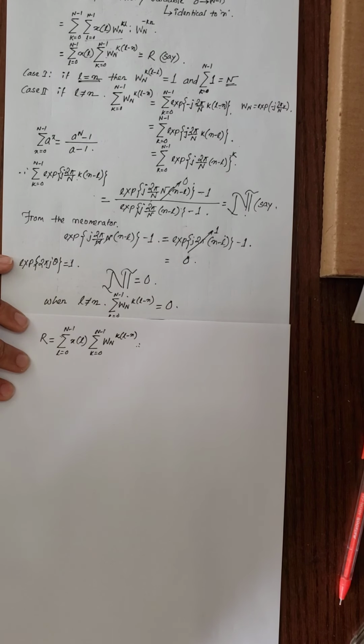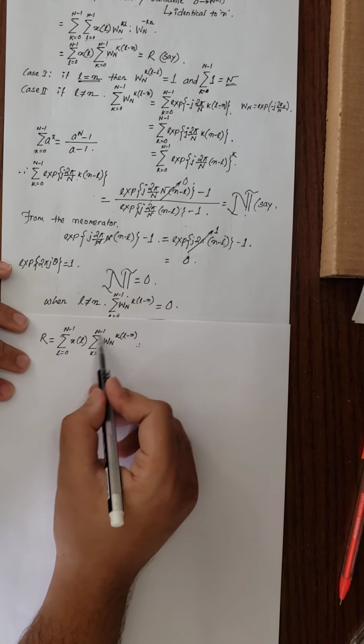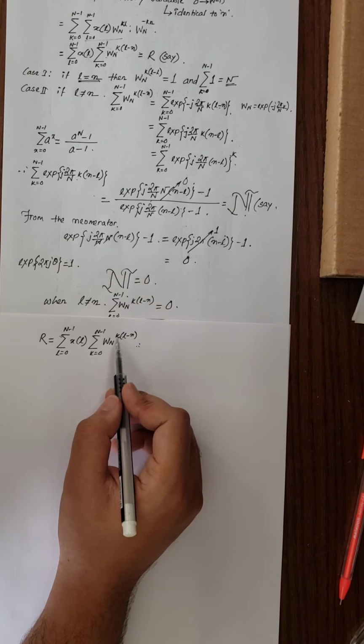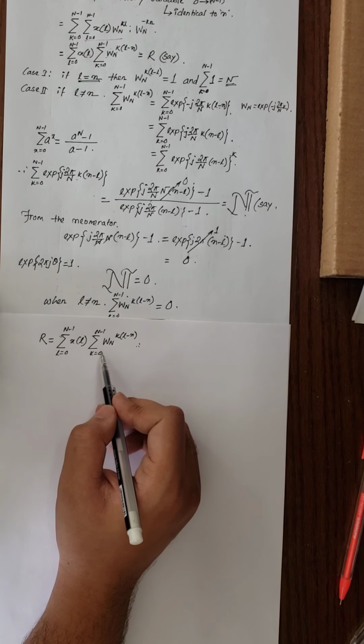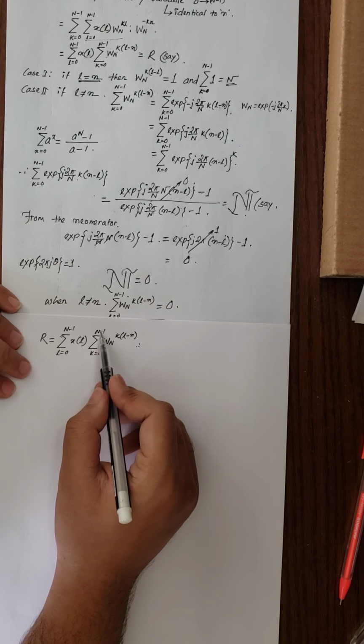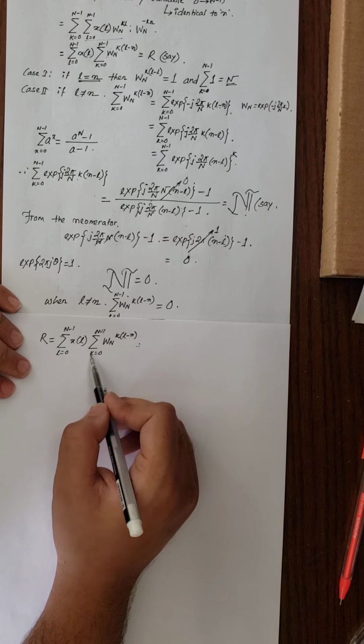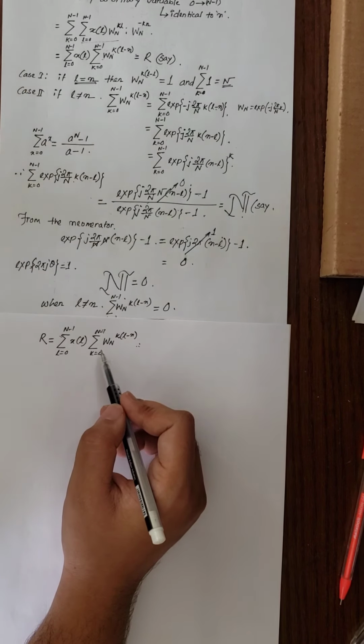Any other value of L, it will be 0. So since this value is only true for one condition, that is L equal to n, we can easily get rid of this summation because we need not sum over only one value.